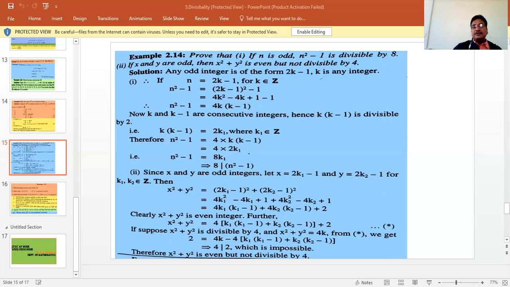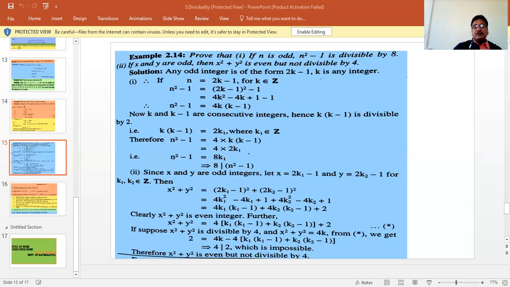Then substitute the value of x square plus y square as 4k. Find the value of 2 by shifting this quantity to the left side and changing the sides. What we have is 2 equal to 4k minus 4 into k1 into k1 minus 1 plus k2 into k2 minus 1.